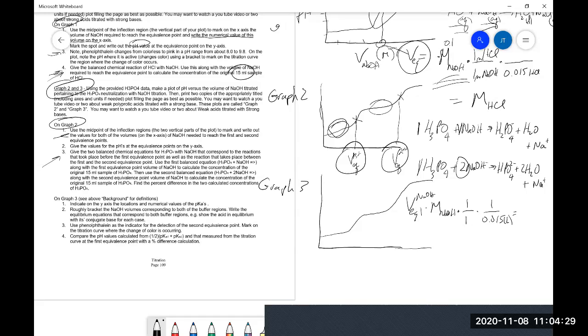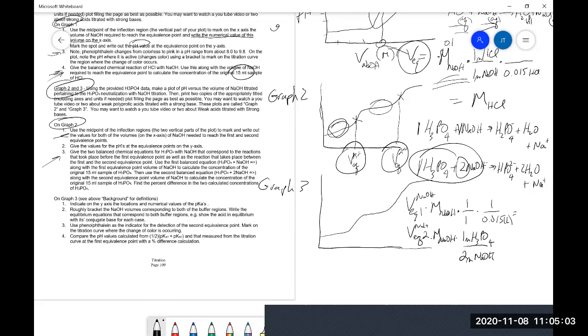Now, the second equivalence point, I'm going to use that volume V equivalence point 2. And that's going to be approximately double that first one. So you're going to get double the moles. But check this out. It's going to be 1 mole of H3PO4 for 2 moles of NaOH, because now I have to use these stoichiometric coefficients.